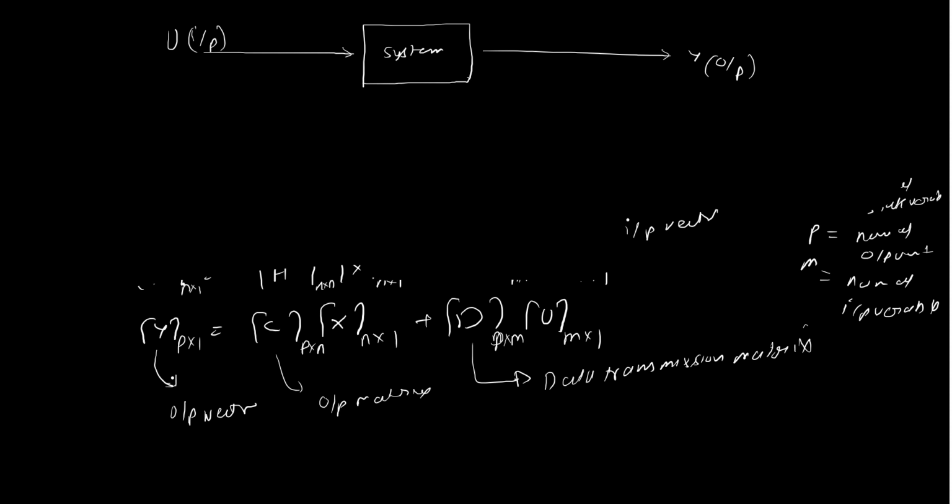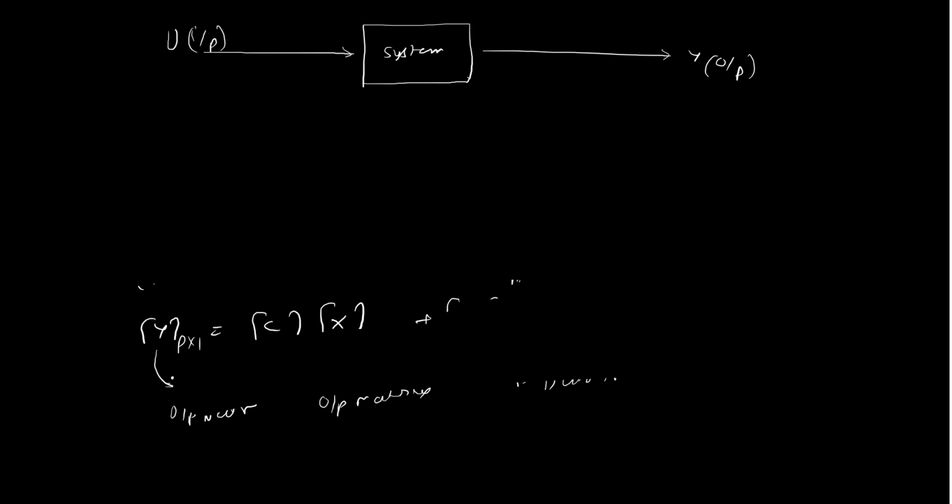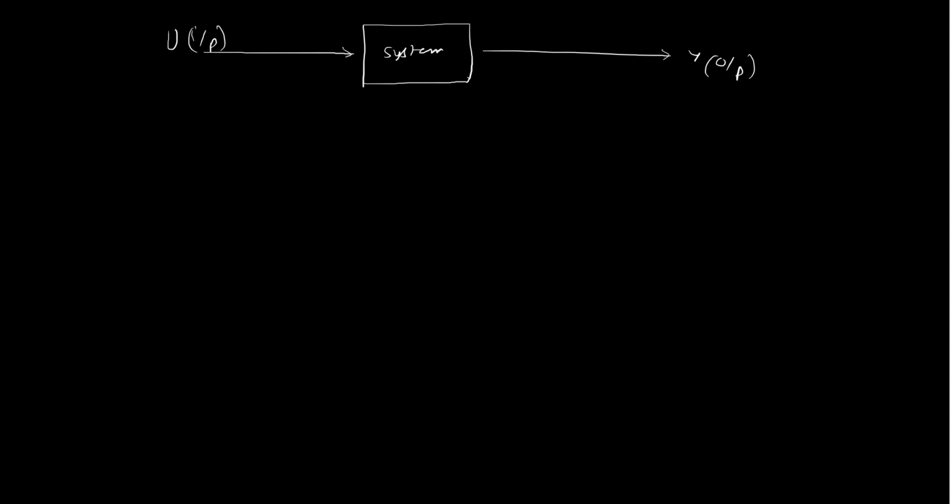What is the input here? B is the input matrix, and the order of this input matrix will be n cross m.